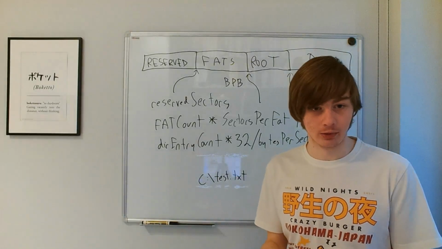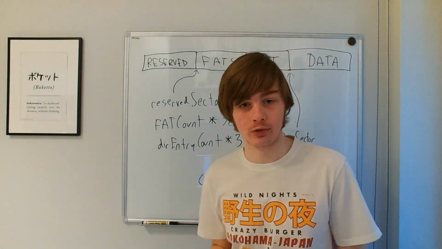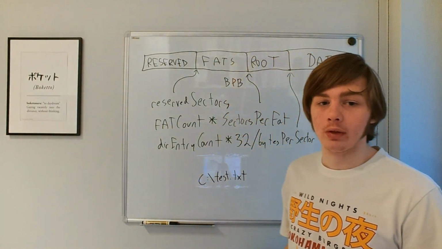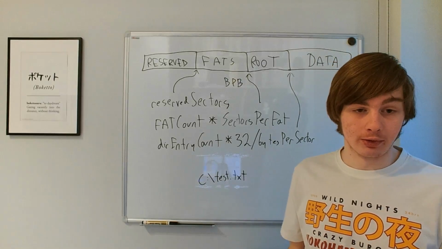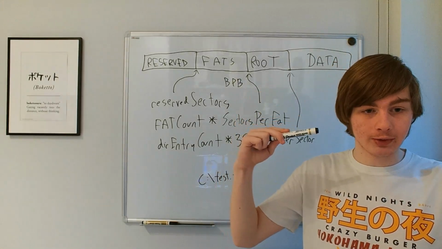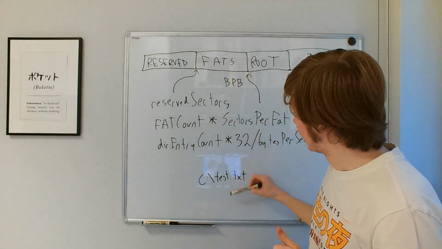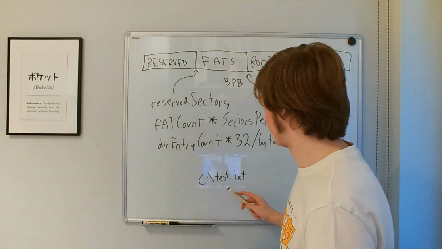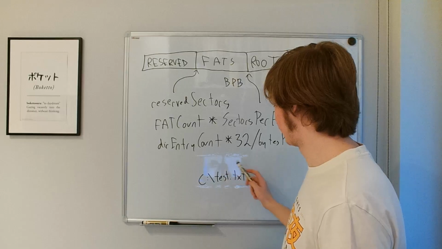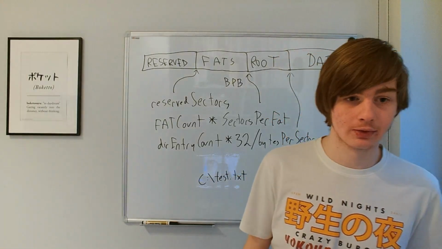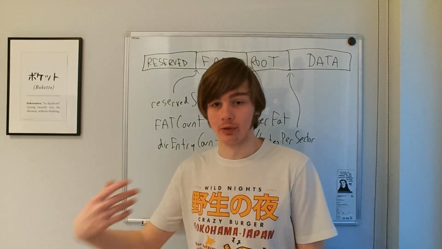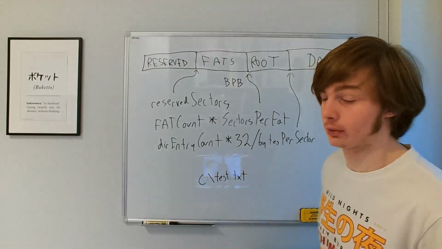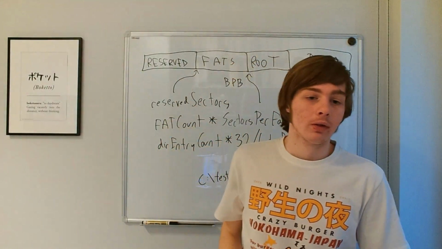If yes, then you have found the root directory entry for the file you're searching for. If it's not the file, you go to the next entry and check again: is the name equal to test.txt? If yes, you've found your file. If no, you continue to the next root directory entry.